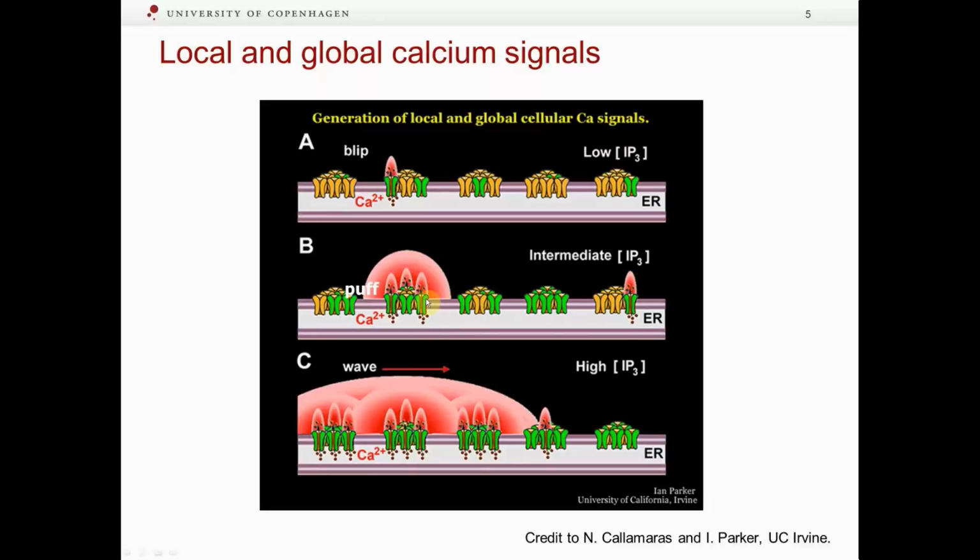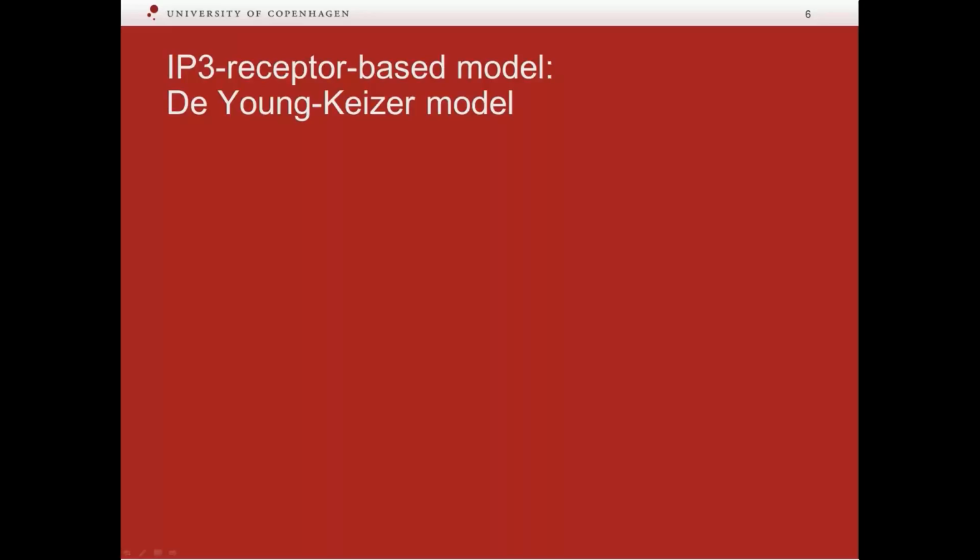Activation of these channels depends on diffusion of this calcium cloud out into the surroundings. However, if IP3 is sufficiently high, neighboring clusters can be ignited, and this will lead to a wave of calcium sweeping across the cytoplasm.